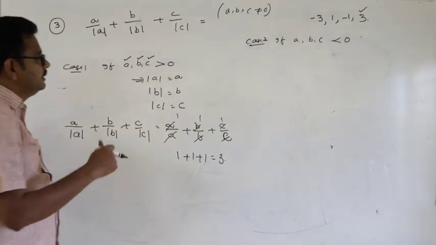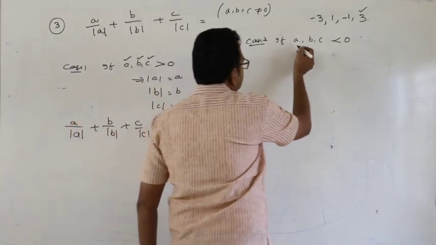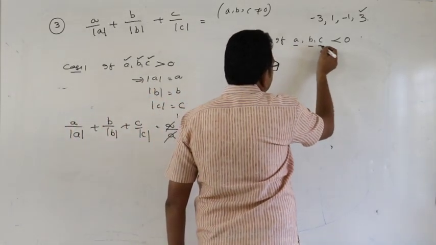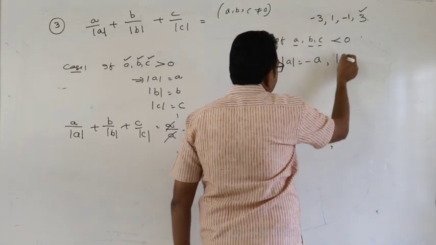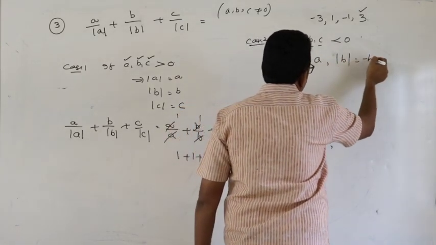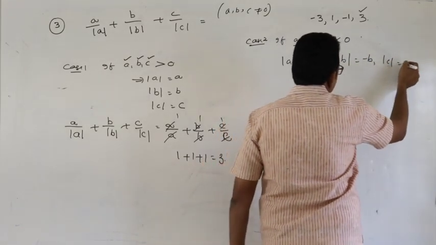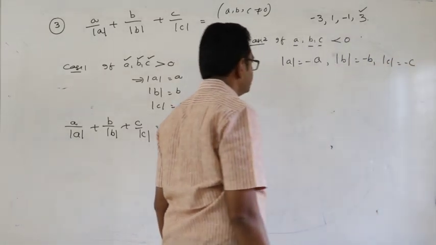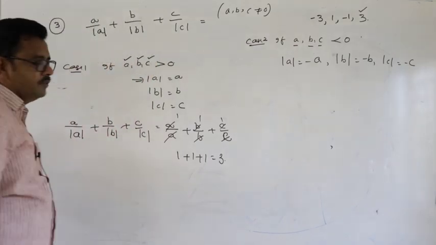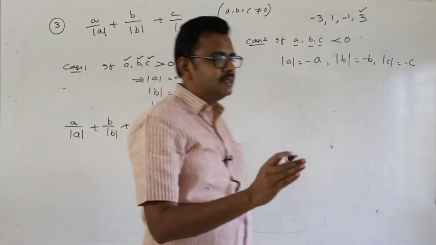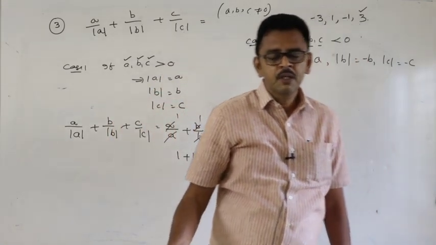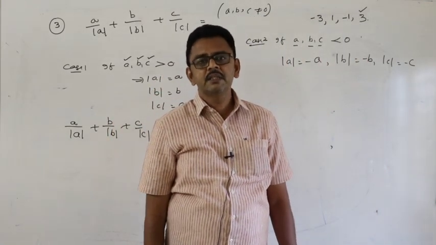So, that is why case 2 is A negative, B negative, C negative. Mod A is equal to minus A, mod B is equal to minus B, and mod C equal to minus C. According to the definition of mod x, mod x is equal to plus x if x is greater than 0, and mod x equal to minus x if x is less than 0.